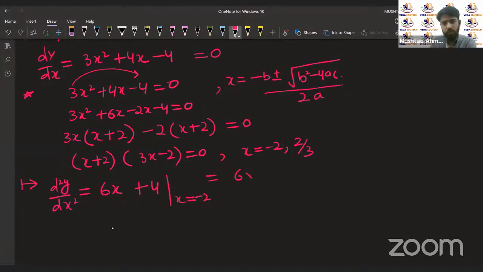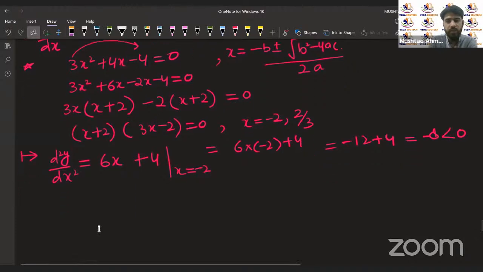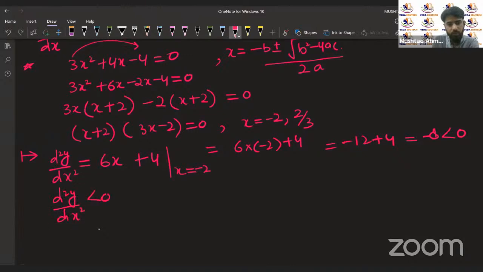It will be 6 into minus 2 plus 4, that's minus 12 plus 4, which is minus 8, less than 0. So the second derivative comes out to be less than 0. It means that x equal to minus 2 represents a point of maxima.